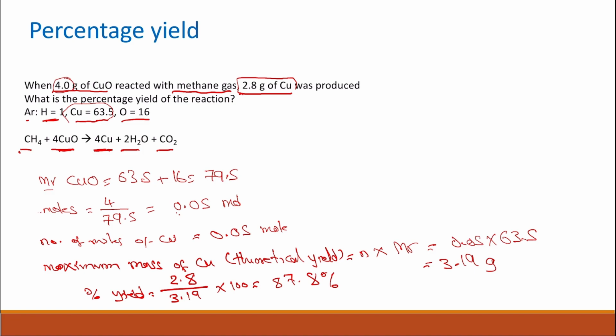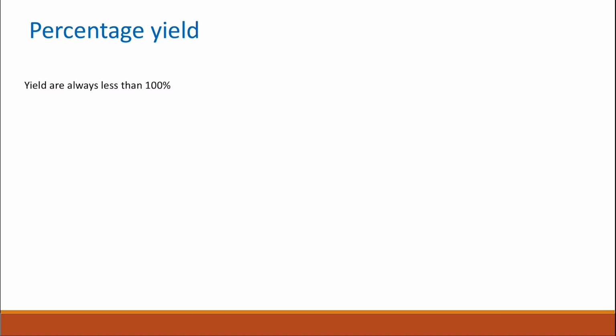So this is the percentage yield for this particular reaction. As you can see here, the percentage yield is not 100%. So why could we have a less than 100% yield? There are several reasons for that. The first one is that not all reactants will react to make the product. For example, we have what we call a reversible reaction.